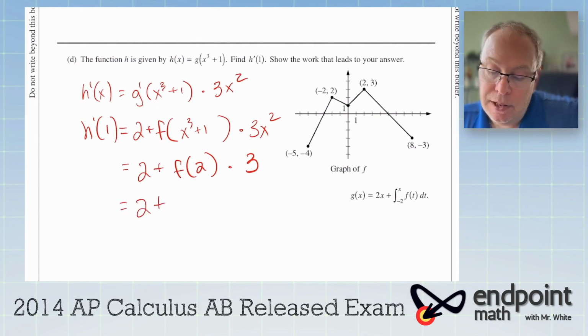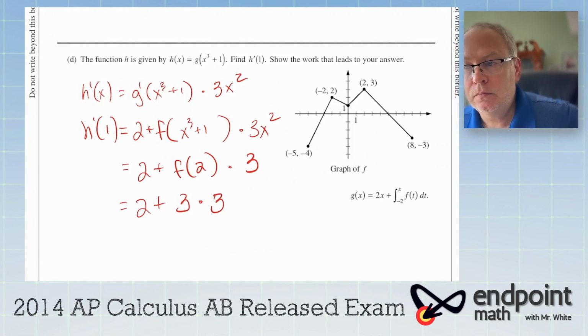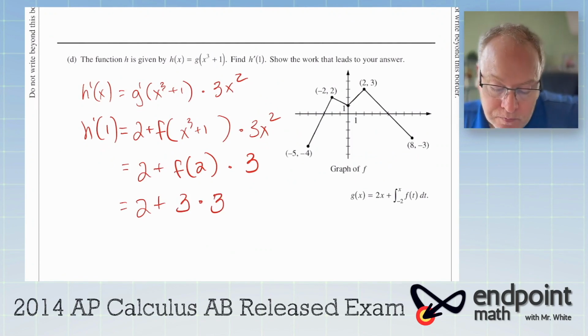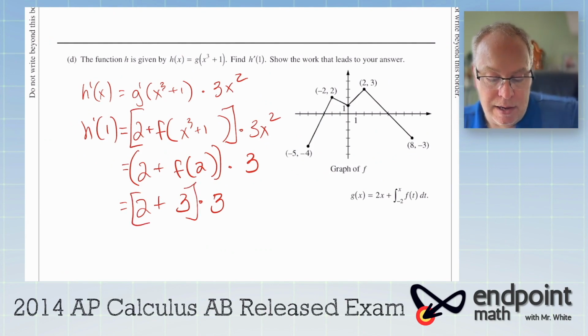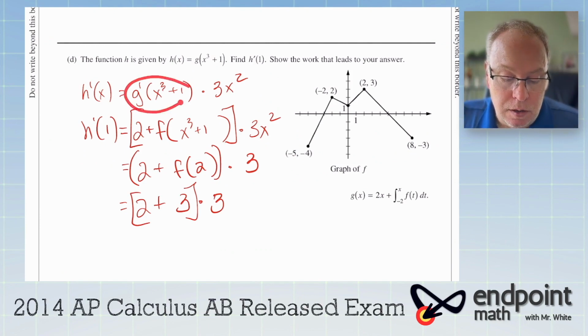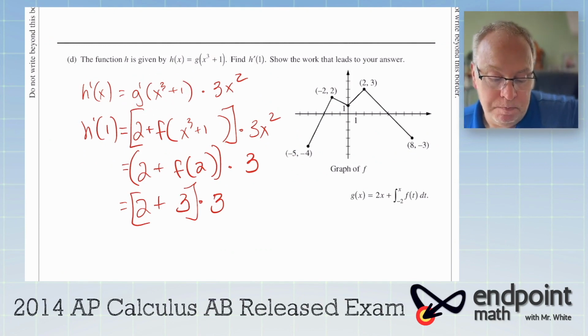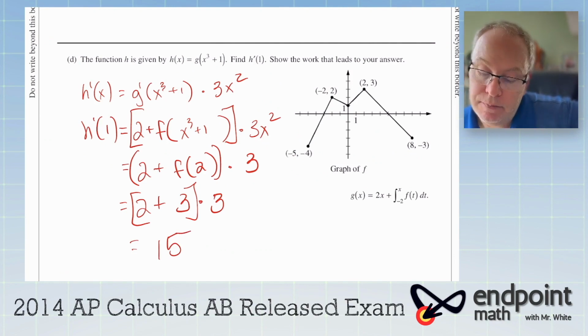Equals 2 plus, so f of 2 would be 3 times 3. Now I lost a parenthesis here, so this is important right there. You were probably screaming at your computer right now, right? So there should be parentheses there, which means there should be brackets right there, because all of that represents g prime of x to the third plus 1. And so we end up getting 15 as our answer. And that's what they have here on the key.